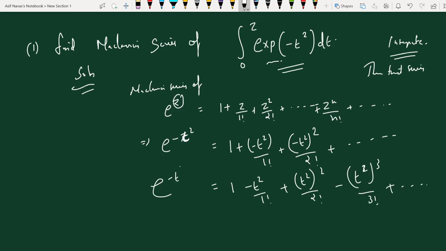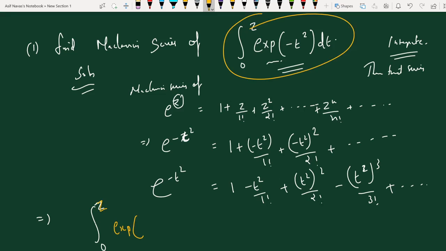We want to find the Maclaurin series of the integral from 0 to z of e raised to minus t square dt.